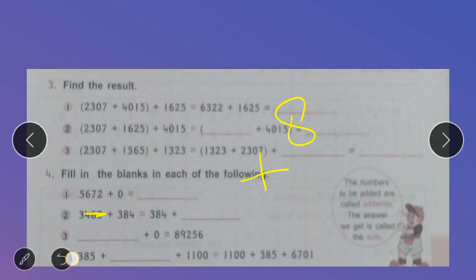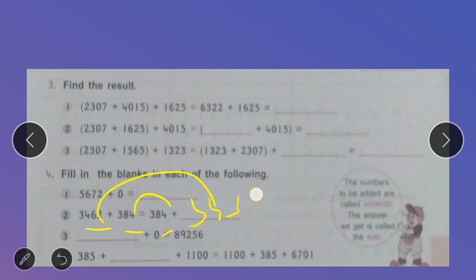Next question. 3462 plus 384. Here the number is written, 184 is given. Only this number is missing, so you have to write 3462 here. Next. Blank plus 0. The answer is this. It means if we add 0 to any number, the answer is the number itself.